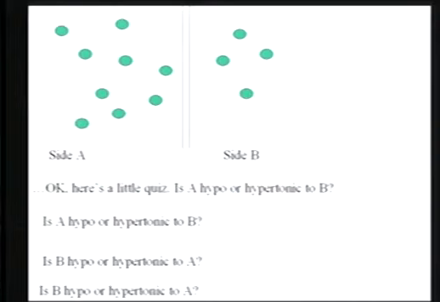Doesn't change anything, right? B is still hypotonic to side A. I'll just increase the concentration on side A. So once again, we'd say that side A is hypertonic with respect to side B. And so that's what I mean when I say it's all relative. You must be very, very careful about which direction you are referring to, which side you are referring to.